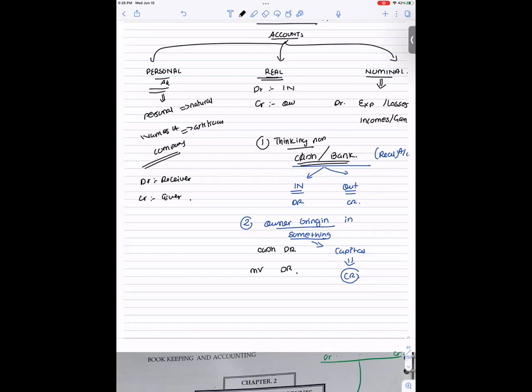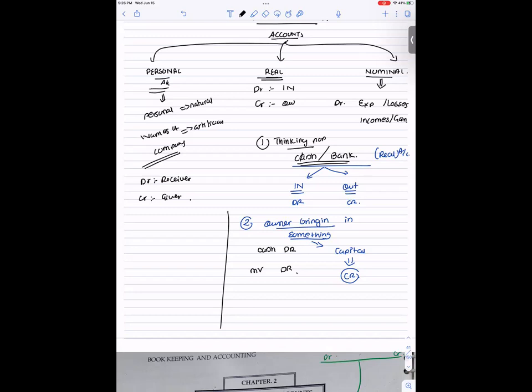Are you with me? Your first thinking point, first you will think from which point of view? Cash and bank. If cash is coming in, debit. If cash is going out, credit. Your second thinking point is, if owner is bringing in something, you will always credit the capital.